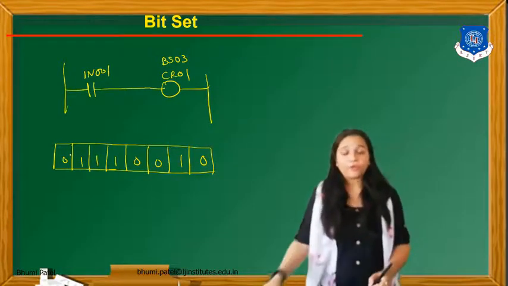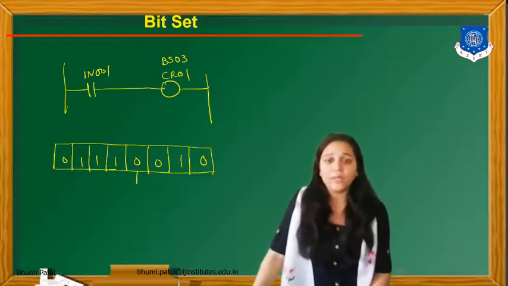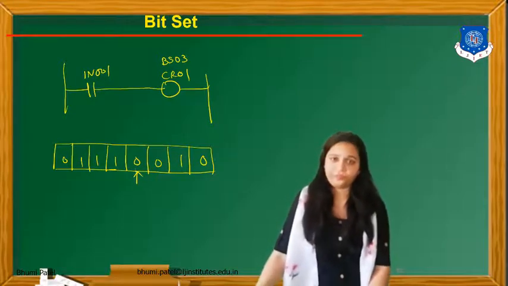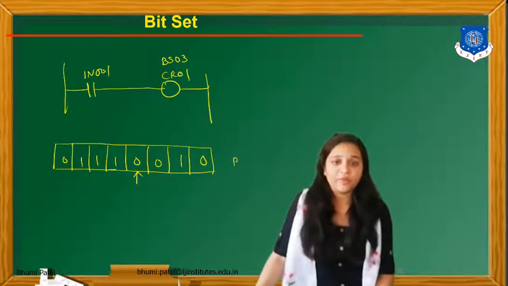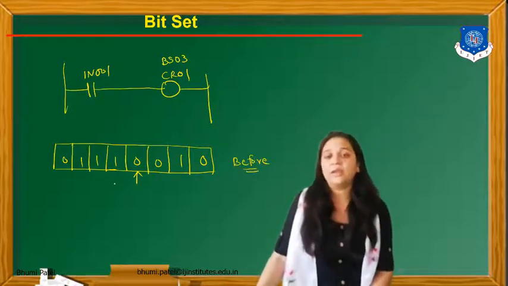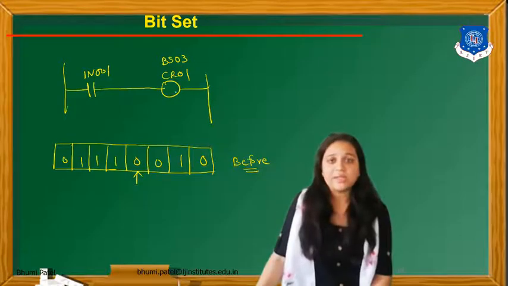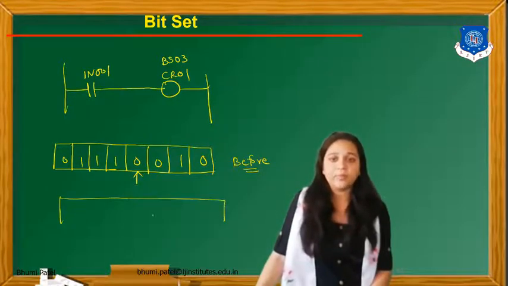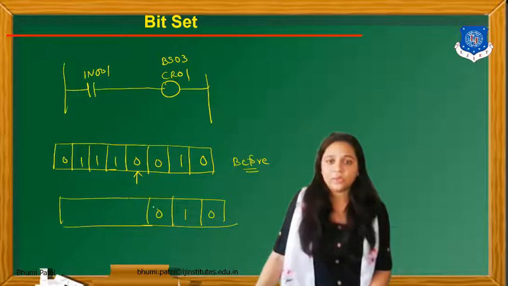If we want to set the value of the third bit from 0 to 1, this is my data before the bit set application. And if we apply the bit set 03, that means now our new 8-bit data is like this manner: 0 1 0, now the 0 will be changed to 1, 1 1 and 0.